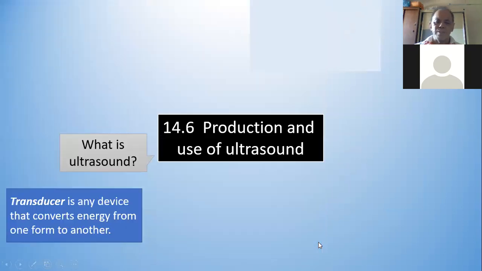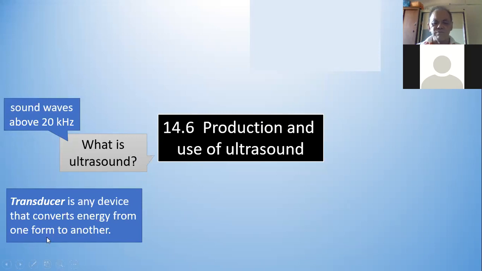Right? So in part 1, we studied how ultrasound is produced. Ultrasound is any sound wave above 20 kilohertz. A transducer is any device that converts energy from one form to another. So we will use the ultrasound transducer, which will convert ultrasound into alternating current, or we can use it to produce ultrasound.